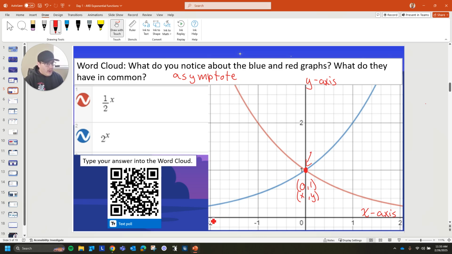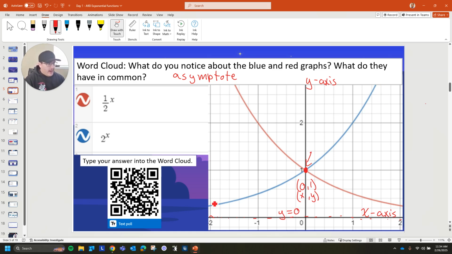So they have in common a horizontal asymptote, which is a left and right line right here on the x-axis. And we call the asymptote equation y equals 0. So those are some things that they may have in common.